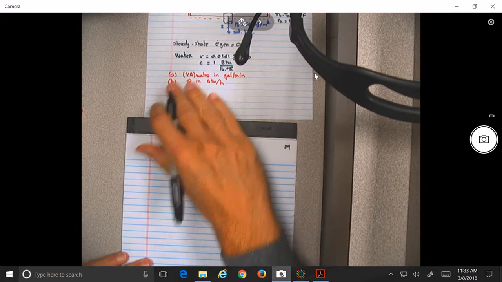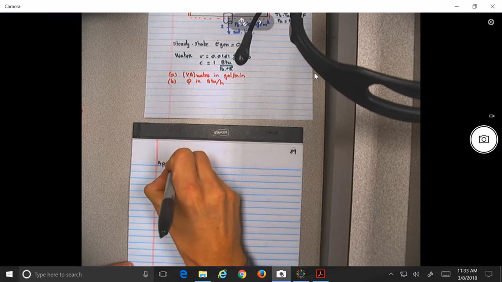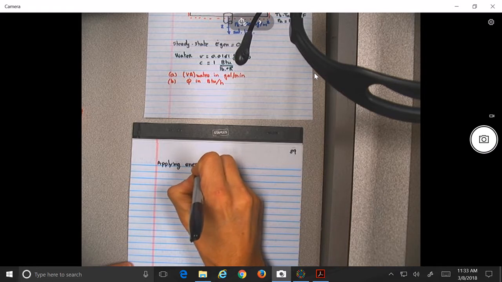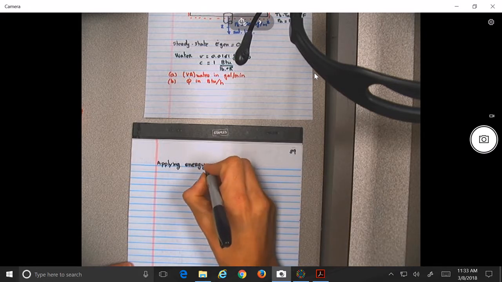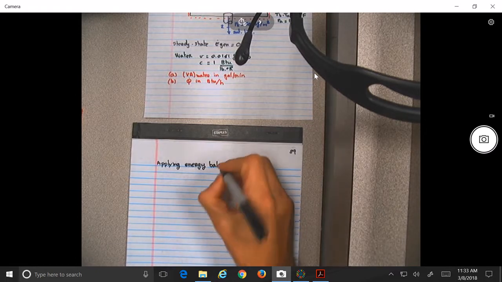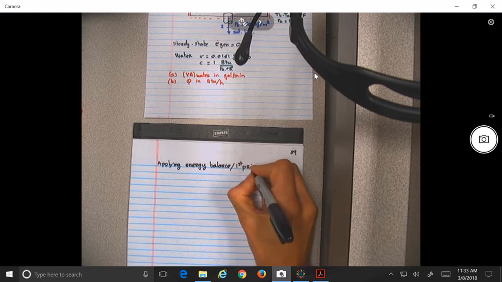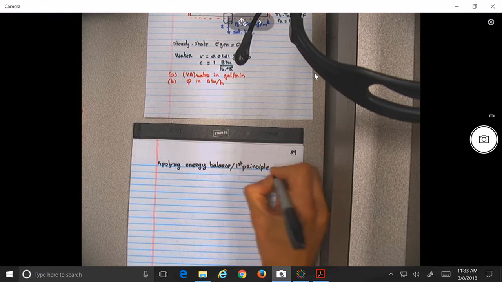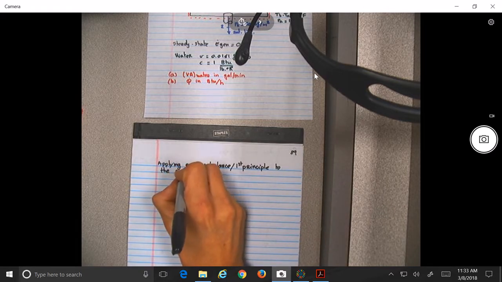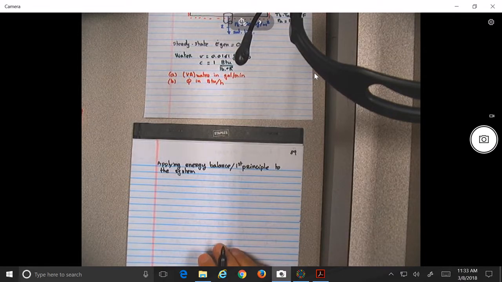So first thing I'm doing is applying energy balance, which is the same thing as the first principle, to the system. What do we have?